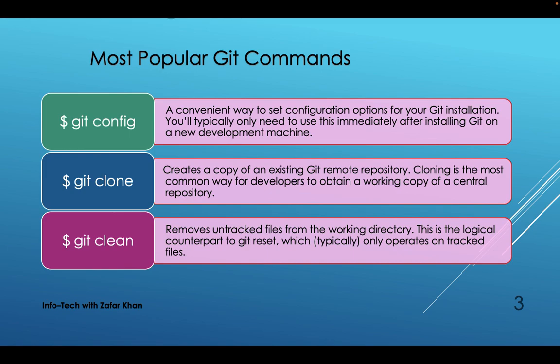Now we will discuss git clean. Basically, this command removes untracked files from the working directory. When we create a file in the working directory, during that time, it will be untracked. So git clean will remove the untracked files from the working directory.